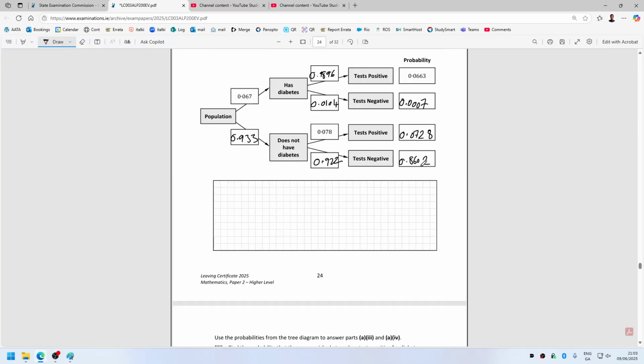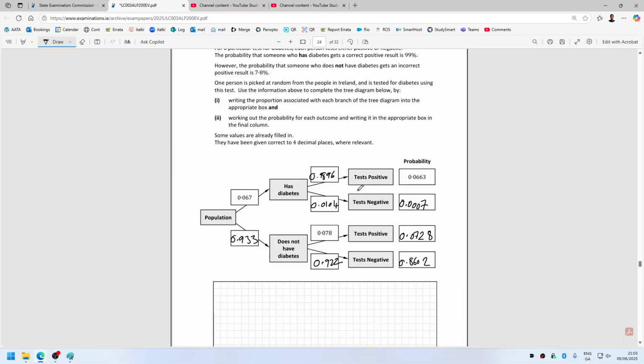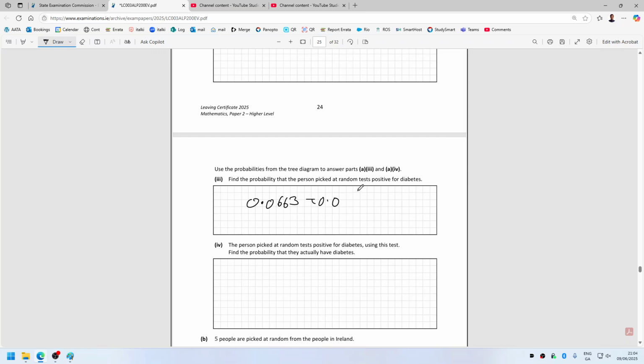Oh, there's 2 positives. Sorry, forgot to add on 0.0728. That gives 0.1391.